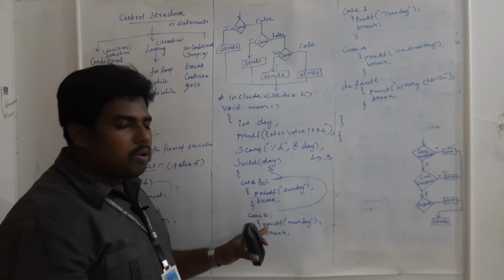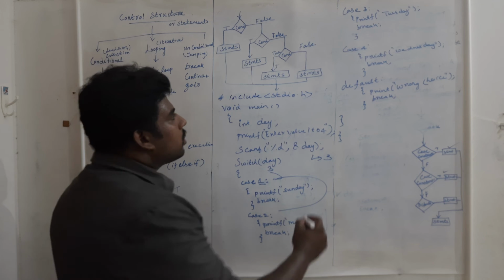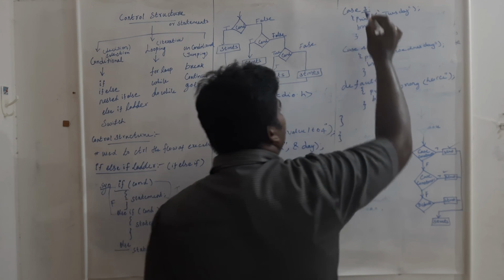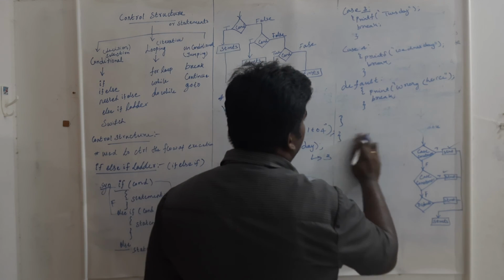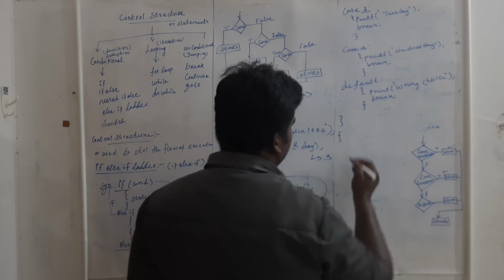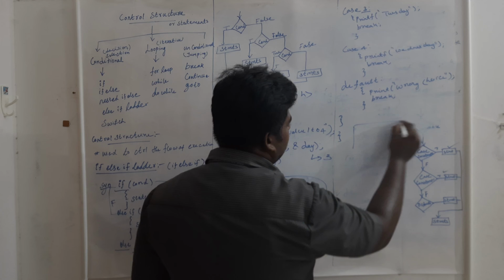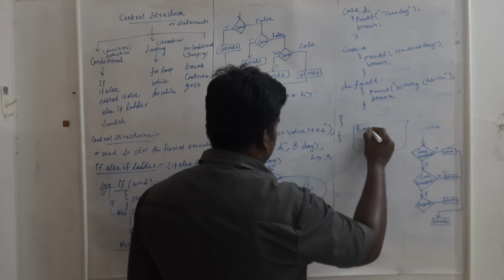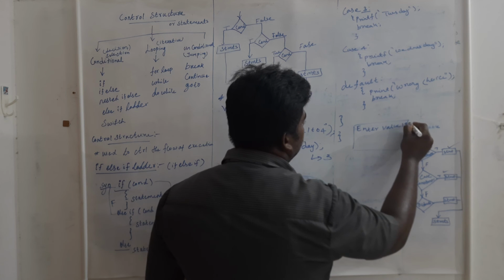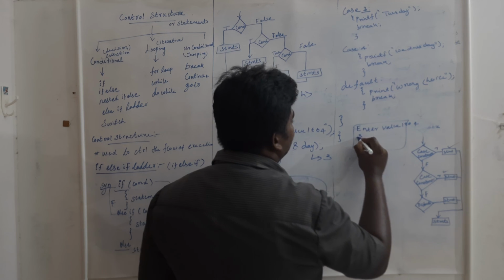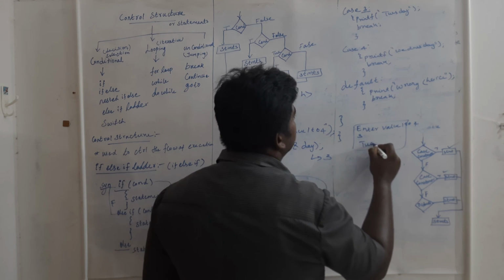Here 3, here 2. Again it is false. Then it will compare with this 3. At that time the condition is true. So in the output screen, it will print Tuesday. For example, enter value 1 to 4. If I give 3, it will print Tuesday.